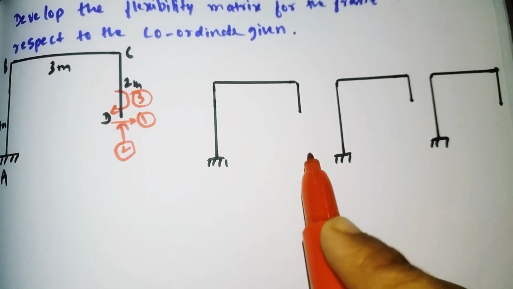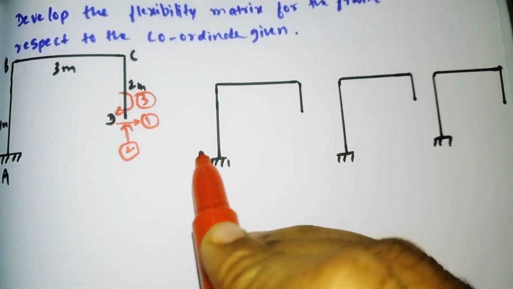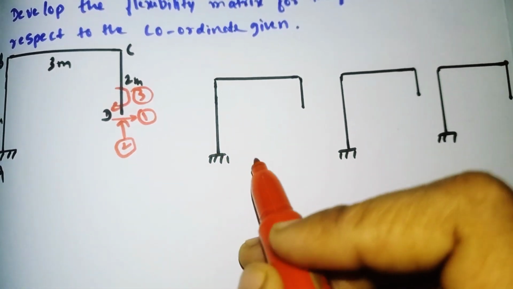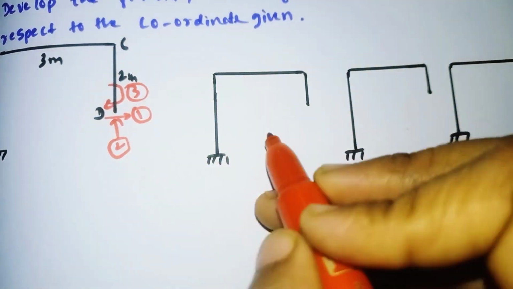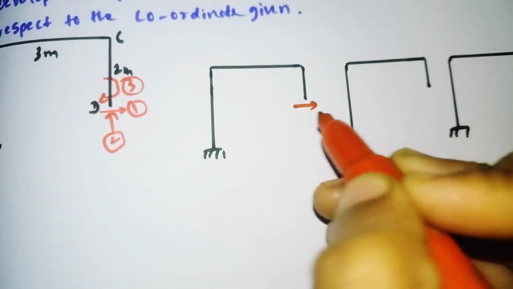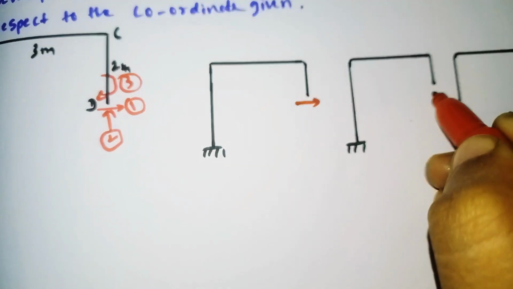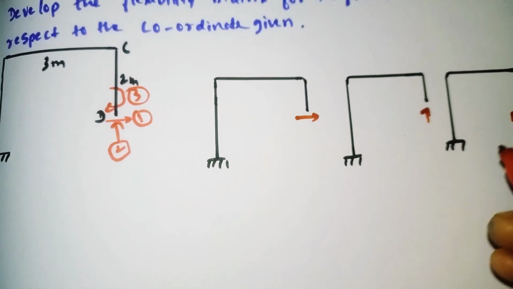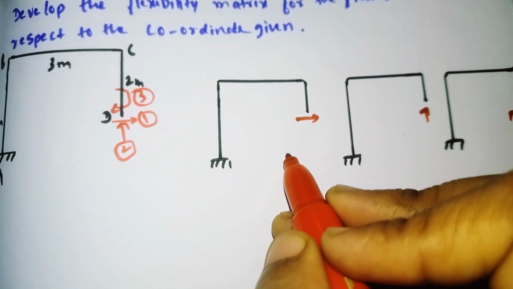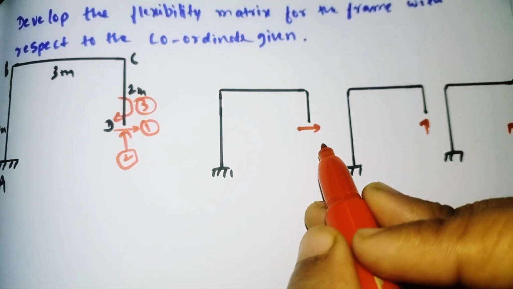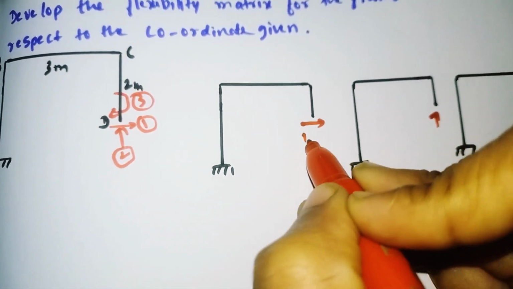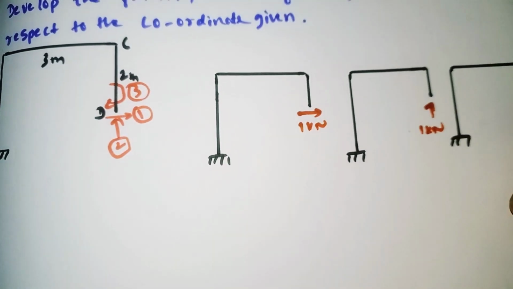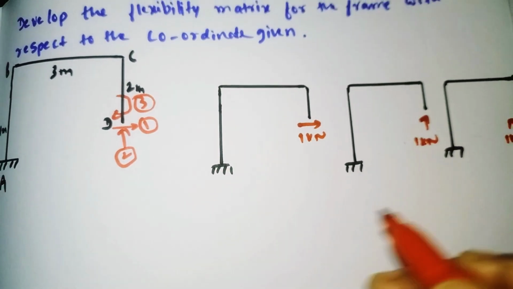So three diagrams will come like this, one diagram for each coordinate. Here coordinate number 1 is acting, here coordinate number 2, and here 3, that is movement, is acting. And you all know that its intensity is 1 kilonewton, and here also 1 kilonewton, here also 1 kilonewton.